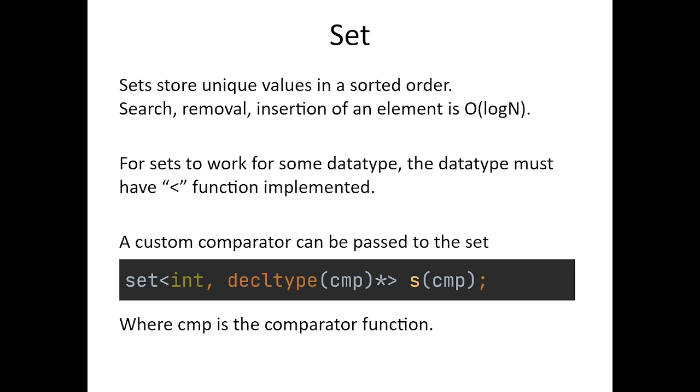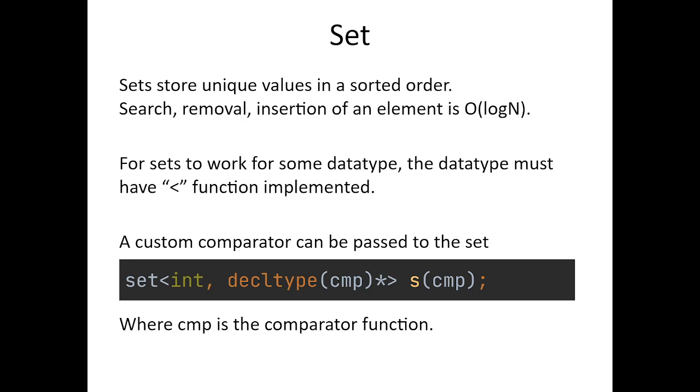All the inbuilt data types do have a less than function implemented, but suppose you create your own data type. You won't need to do this, but sometimes we do create our own data types, like using struct or class.